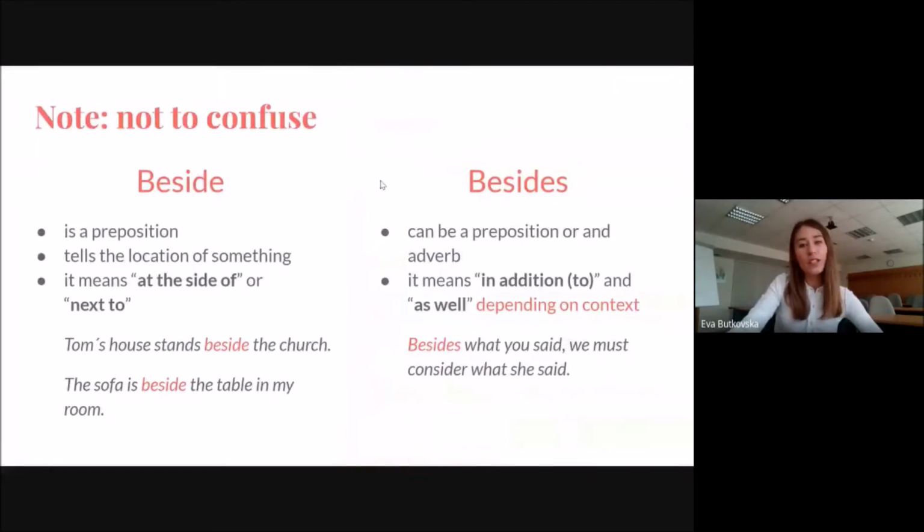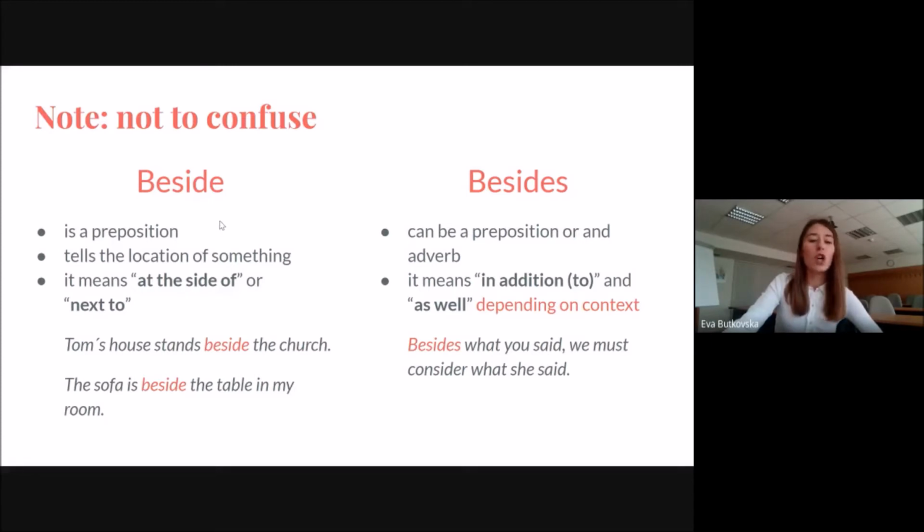And this is an important thing to notice and not to confuse. We have an English word besides that we are talking about right now, but we have beside without the S. We don't want to confuse them. Beside is a preposition as well, but it tells us the location of something. It means at the side of or next to.